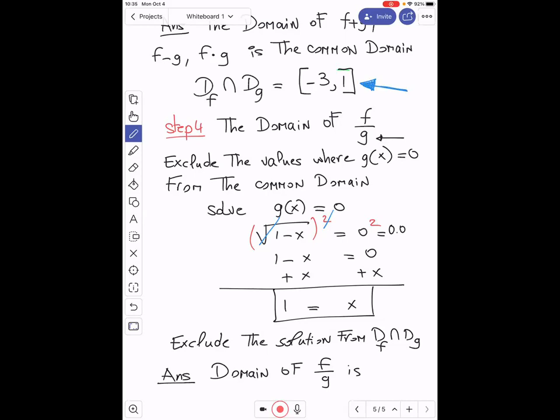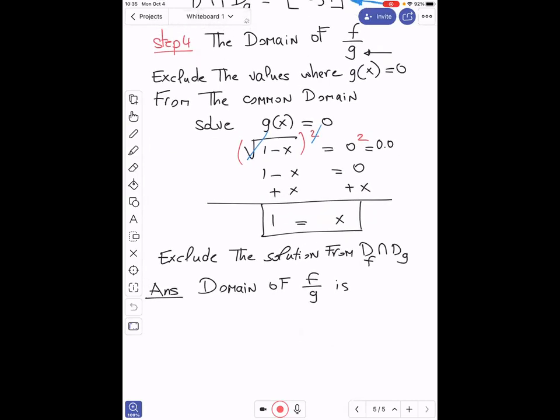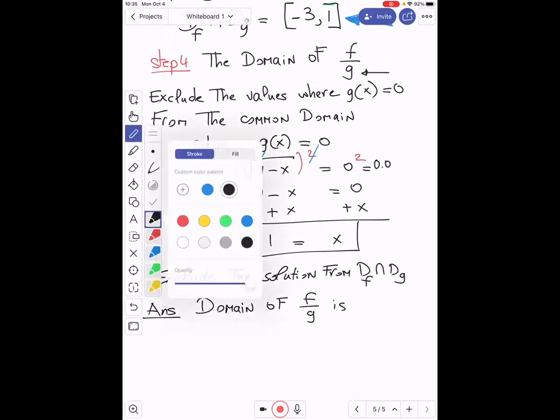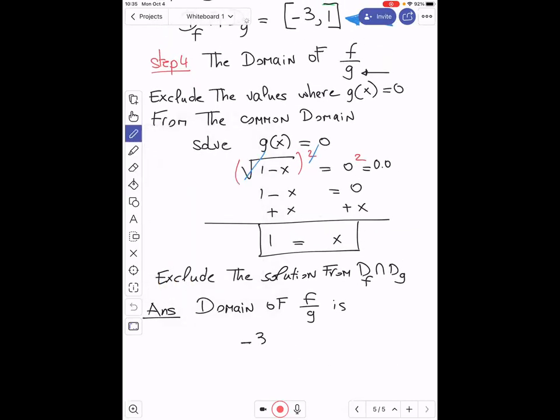So what we need to do is exclude the positive 1 from this interval. So the domain of f over g is -3 to positive 1, and we need to exclude the positive 1 right here. -3 is included, of course.